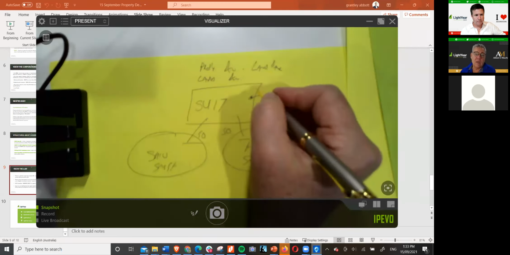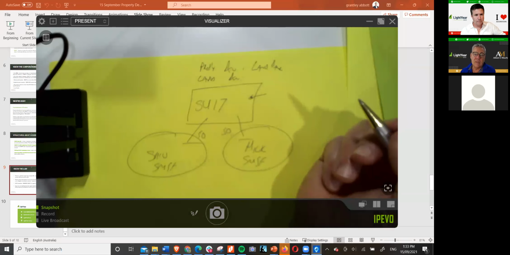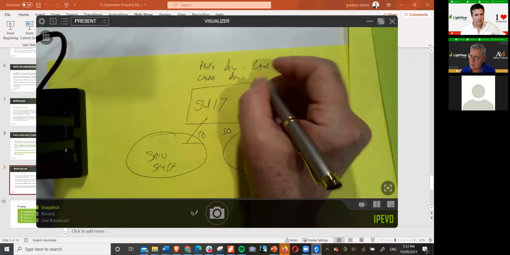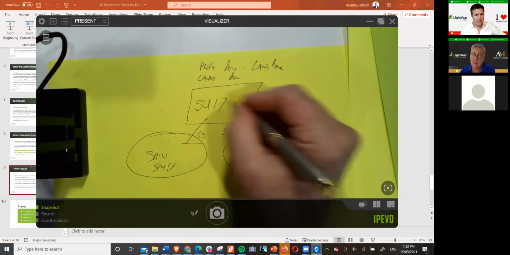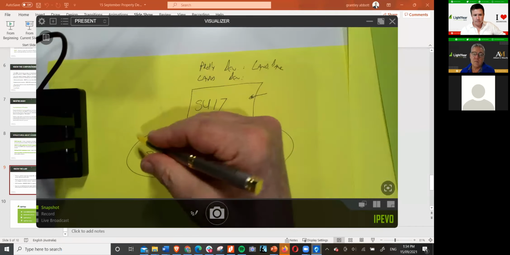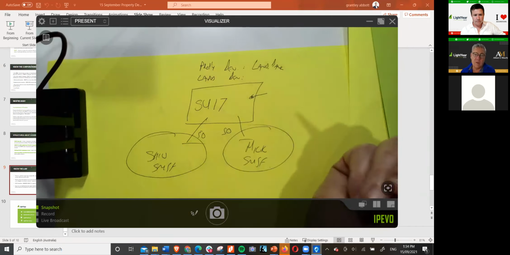Could even do one for Shiv there, can do an off the plan. So effectively, you can build these properties there and then distribute them directly down to both of the SMSFs if you want. There's so many options there.